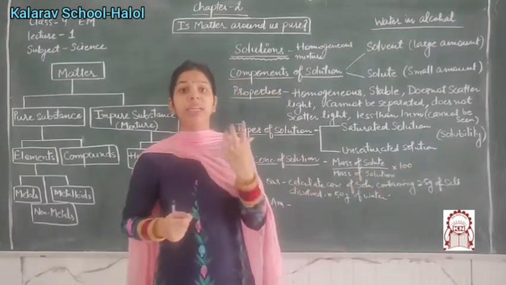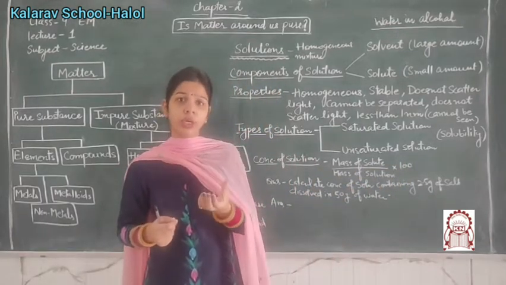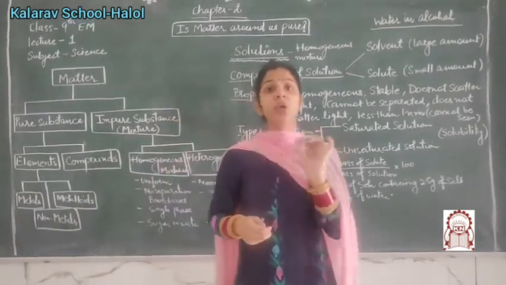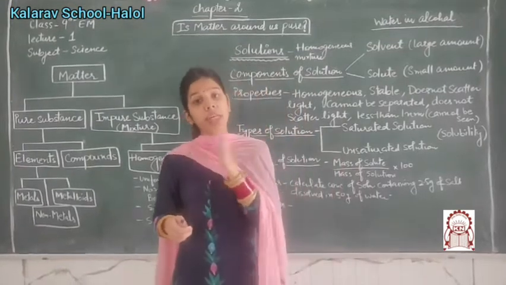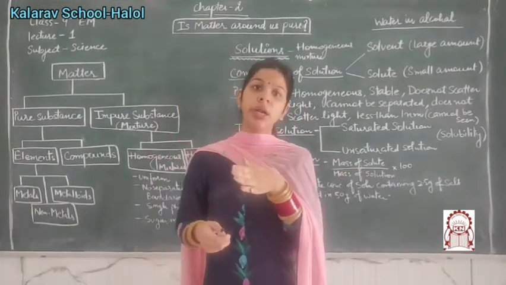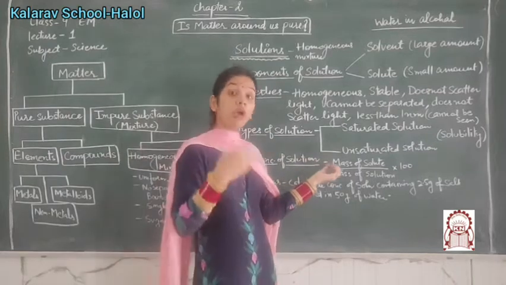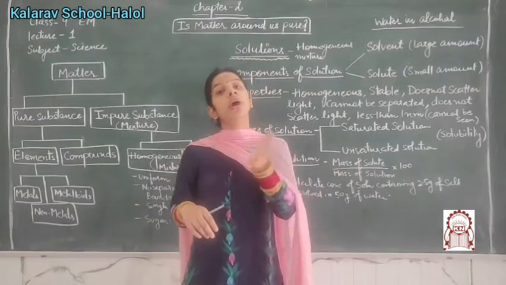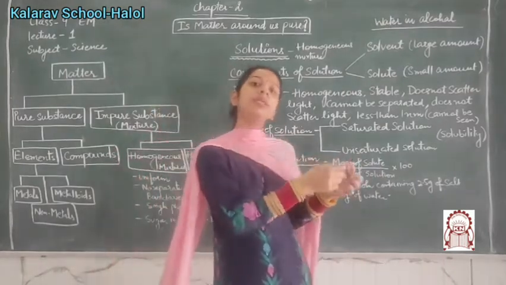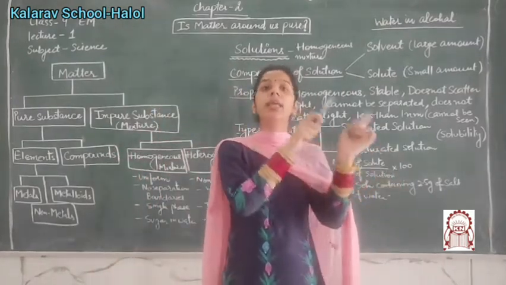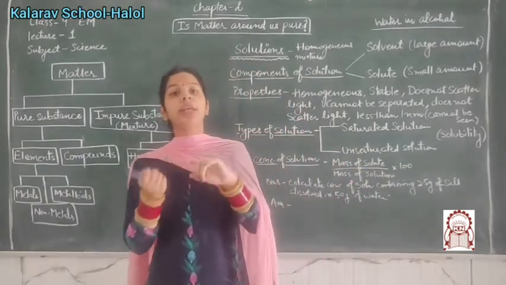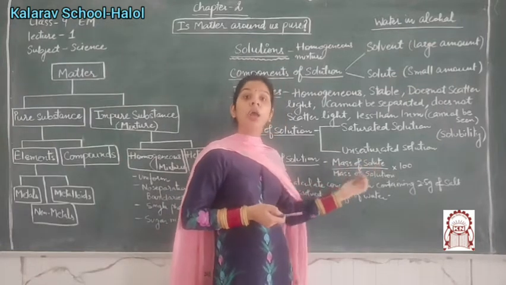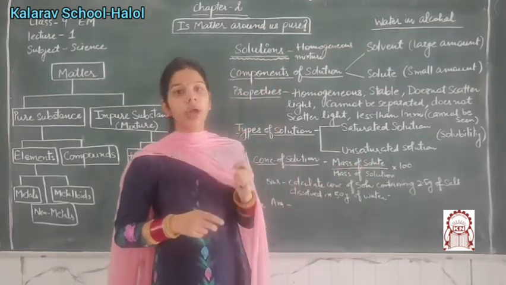That is called the percentage composition of solute by mass to mass percentage. Similarly, for liquids we have to know the volume, so that is volume of solute upon volume of solution into 100. In other words, for a solid in liquid, we take the mass of solute upon volume of solution into 100.